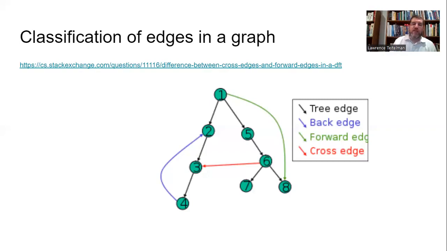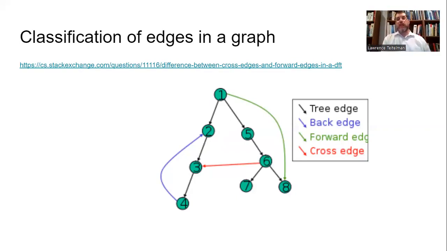We call that a back edge because it's going to something that was already discovered. Not only was it discovered before, it was discovered on the way to 4. On the way to discovering 4, we discovered 2 already. So we're going back to our ancestor. A back edge goes back to its ancestor. That's why it's called a back edge.